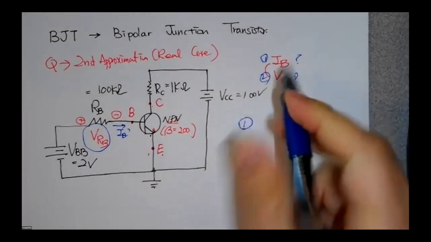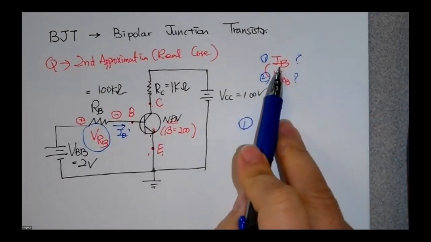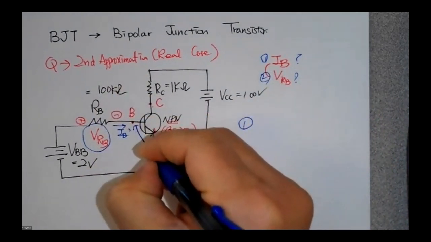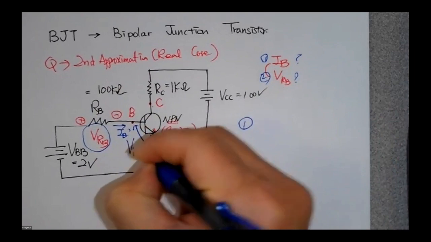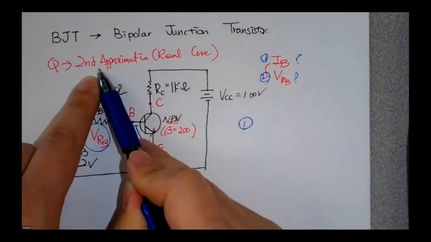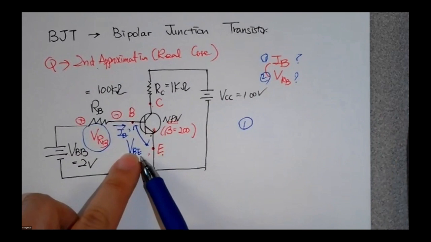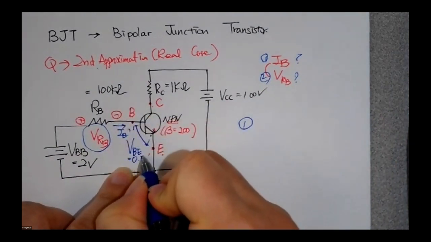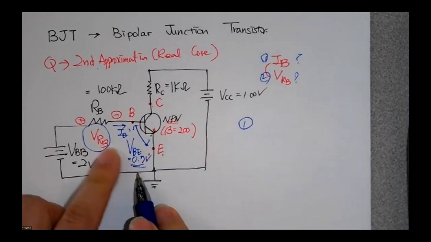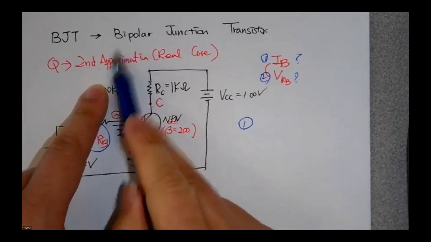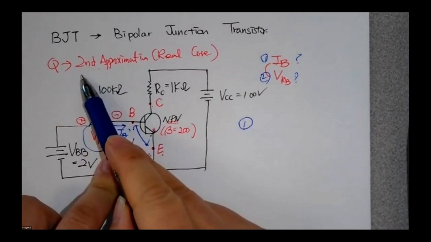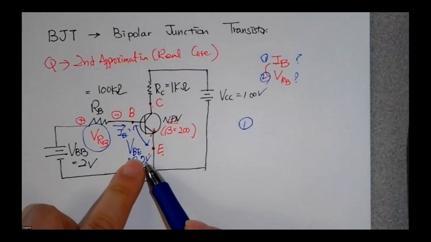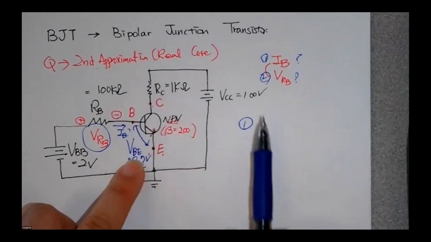For the second approximation, V sub BE is what? 0.7 volt. But for the first approximation, the ideal case, it's going to be 0. It depends on the question.